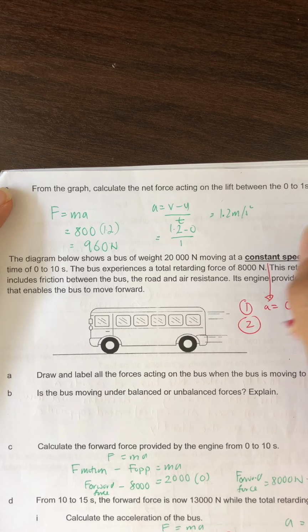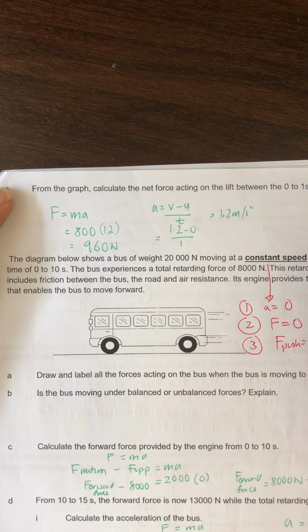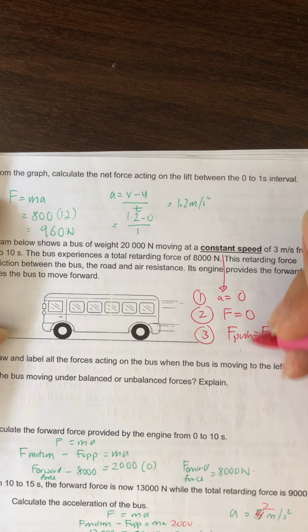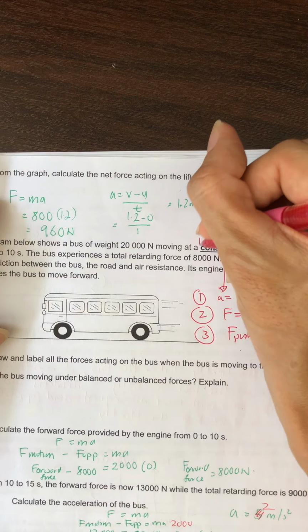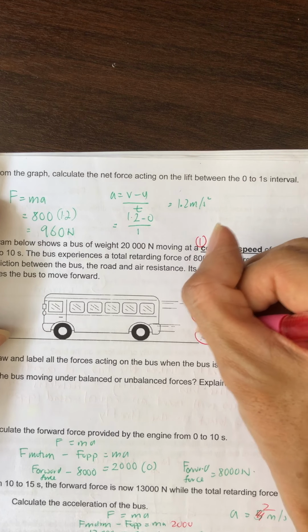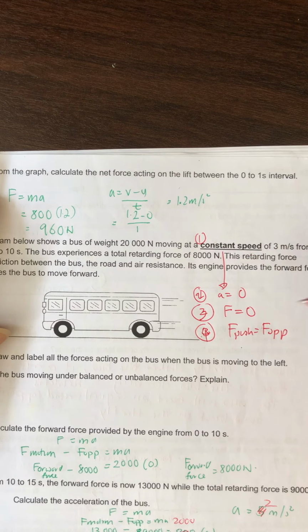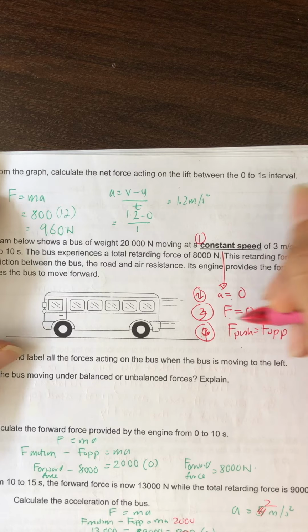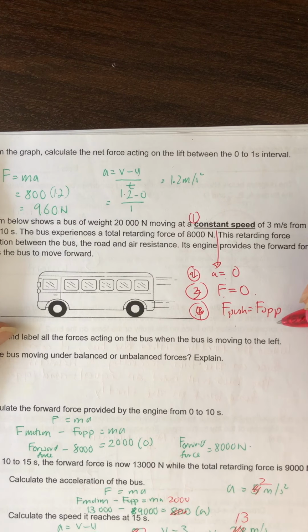Second, what does it mean? Resultant force 0. Third, so the pushing force equals the opposing force. So this must come to your mind very quickly. I should call this 1, 2, 3, 4. The four things. 1, constant speed. 2, acceleration 0, resultant force 0. 4th, this. So you have this in mind.